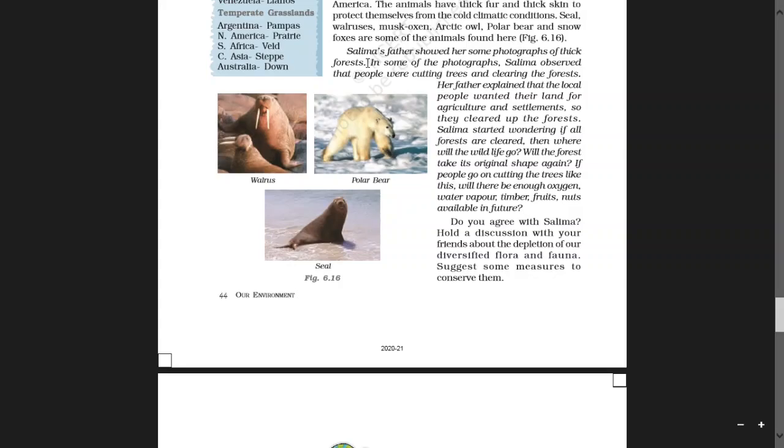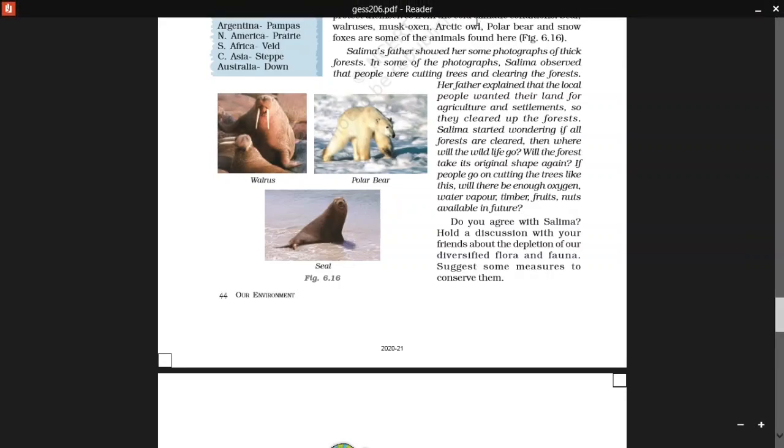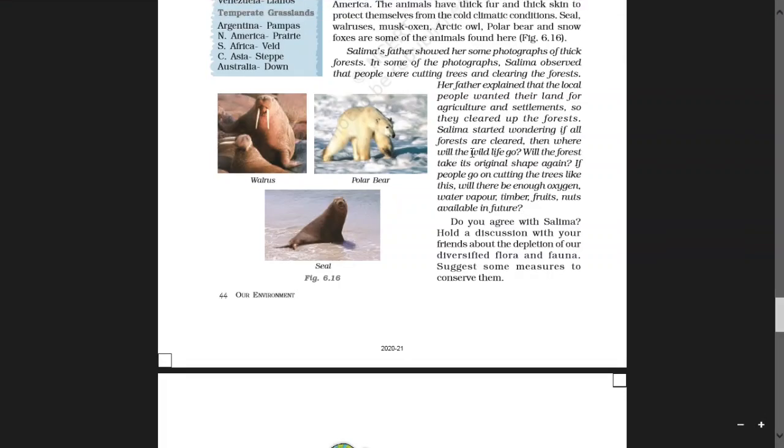Her father explained that the local people wanted their land for agriculture and settlements, to grow crops and to make their houses there. So they cleared up the forests.